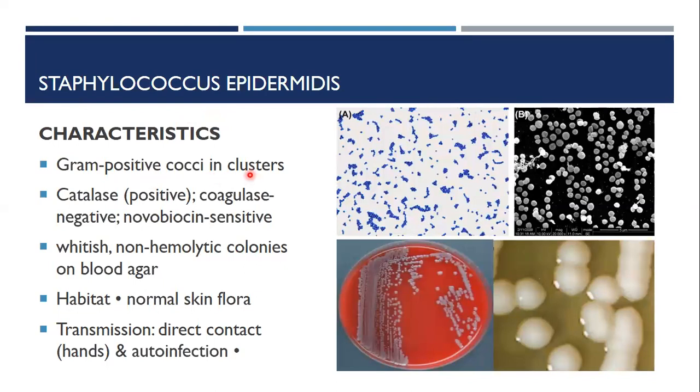And to differentiate it from Staphylococcus aureus, we perform the coagulase test. So this basically means that the organism does not produce the coagulase enzyme, free or bound coagulase, or the clumping factor.